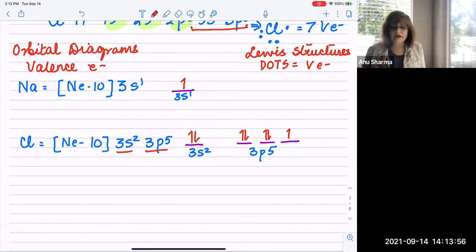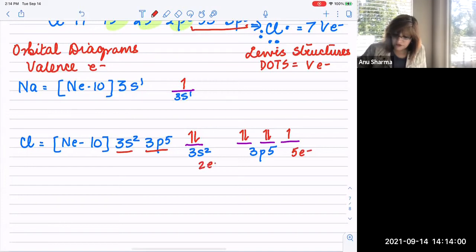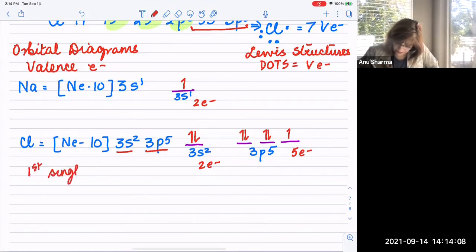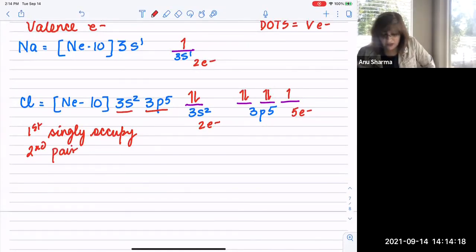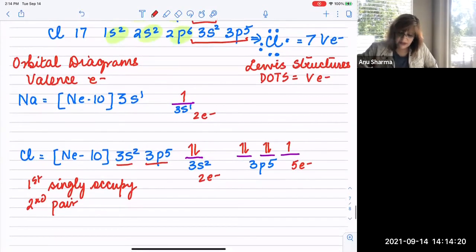So these are all the 5 electrons. So 5 electrons here, 2 electrons here, 2 electrons here. Okay, so always first singly occupy, and then second you pair. So this is how you create the orbital diagrams. In the orbital diagram, you only look at the valence electrons.